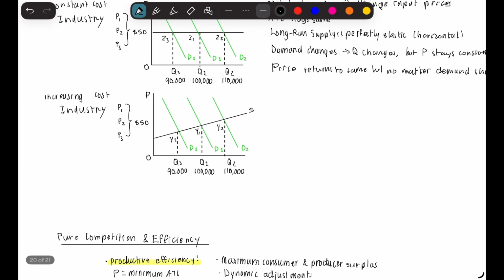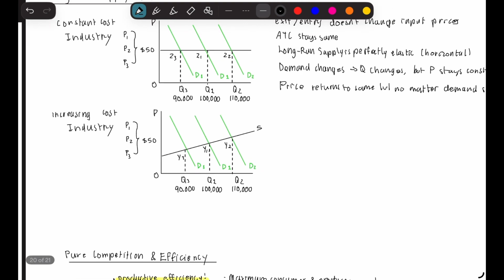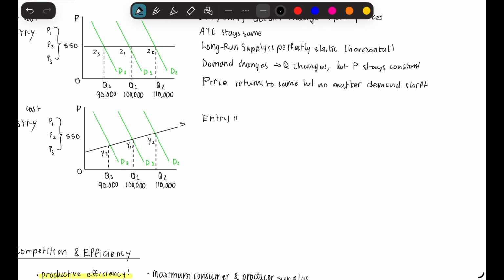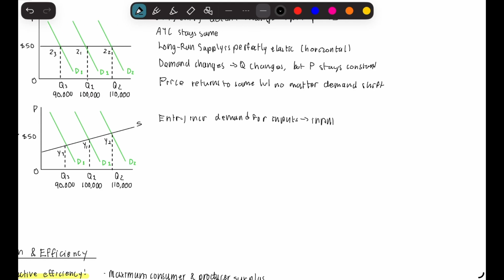Now, in this increasing cost industry, these are both long-run supply. We can see that entry increases demand for inputs. So then your input prices rise. Your ATC shifts up. Your long run supply is upward sloping.